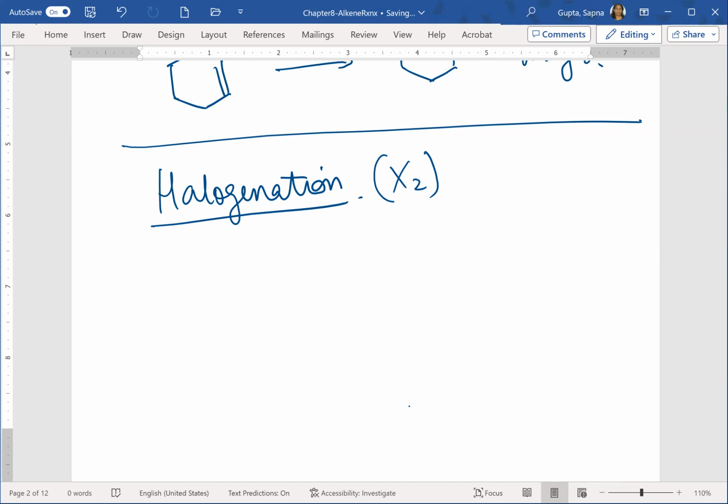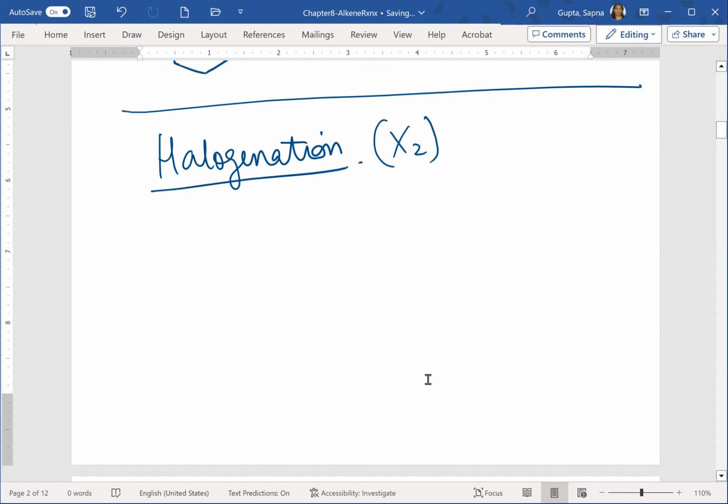So in this case, if you take an alkene and you add a halogen, now here I'm going to also add the solvent. This is what we do in organic chemistry, at least I do this. I'm not going to say everybody does that. And you have to watch out for this.